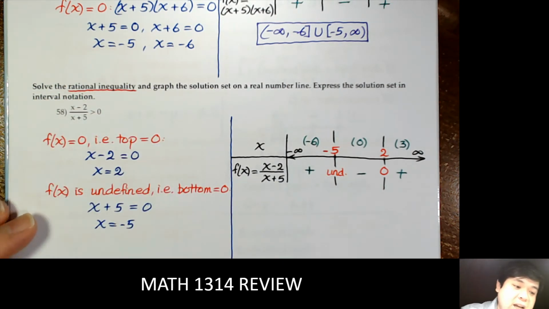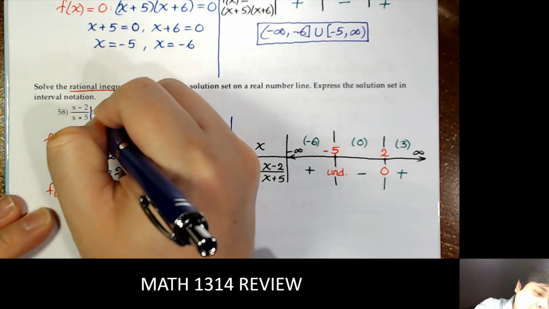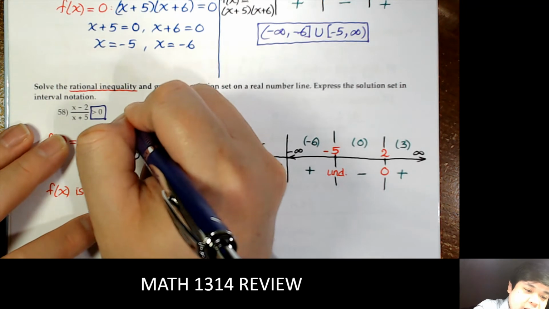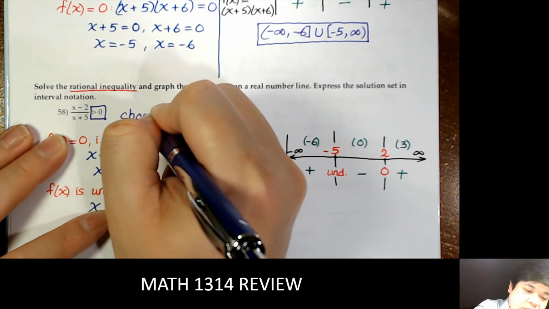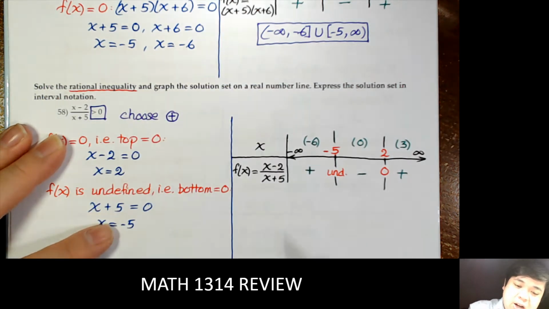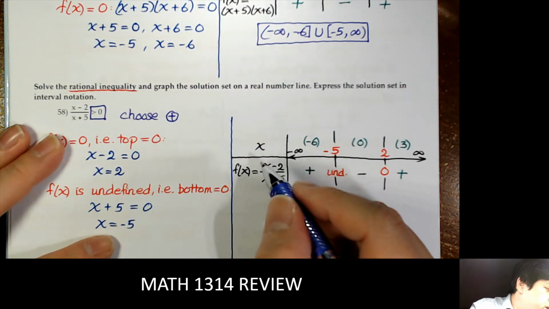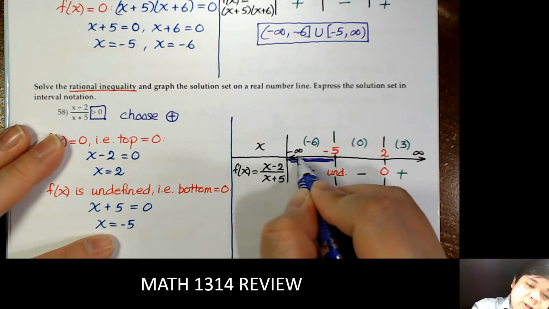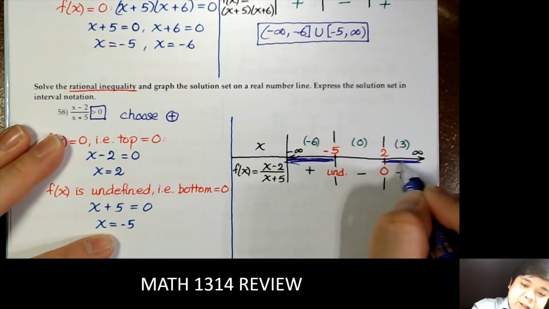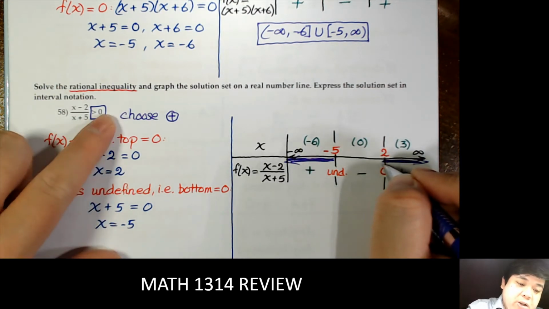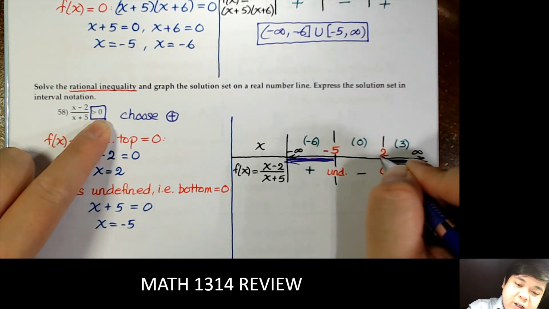Right. Next, the answer. We want anything that is positive because it's greater than 0. So we're going to choose wherever the positive sign is. So we have this and this. We're not going to choose 0 because we don't have the equal sign.